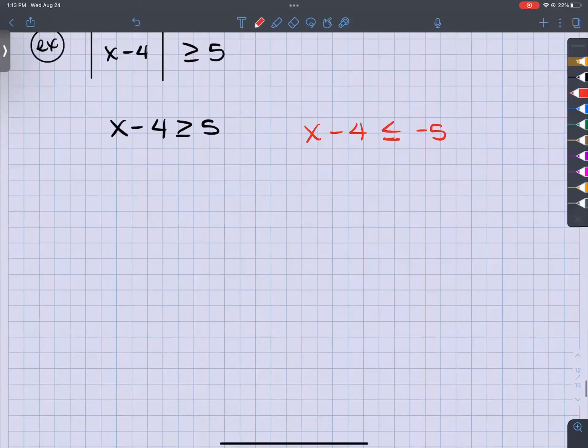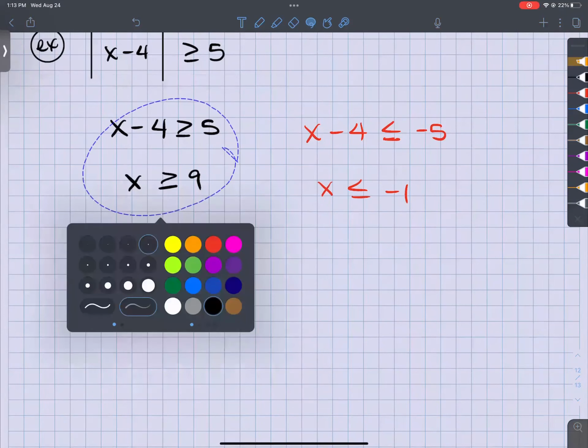All right, so let's solve. Actually, let me change this to blue.